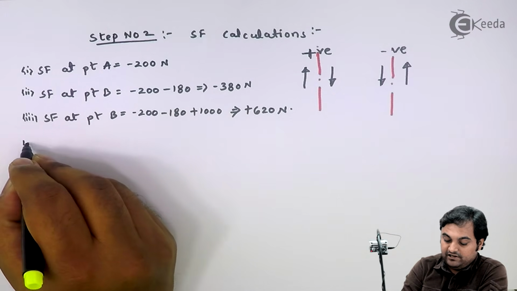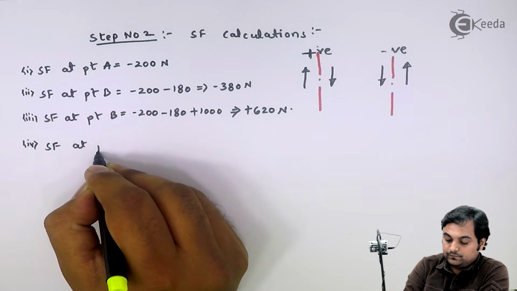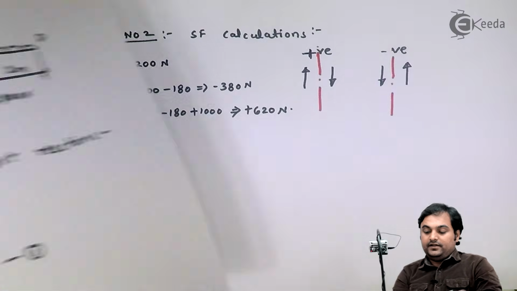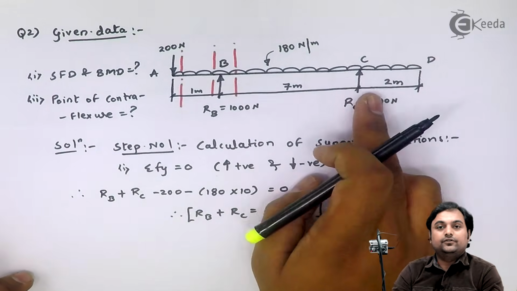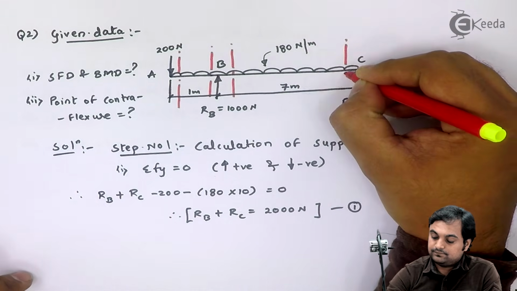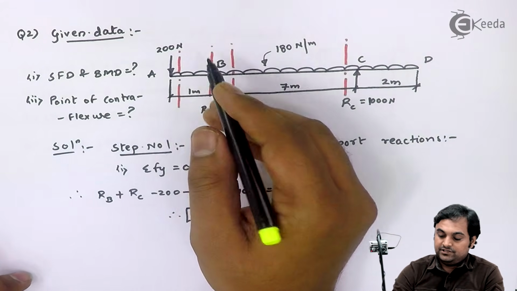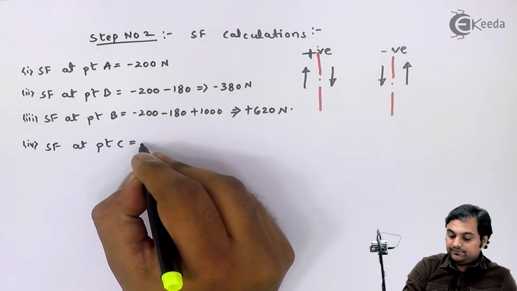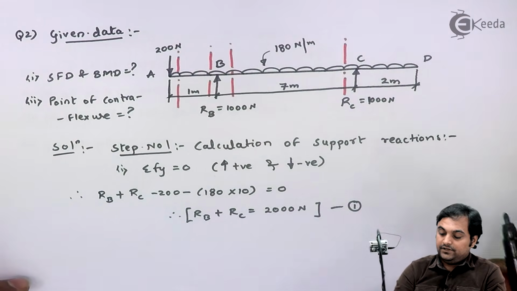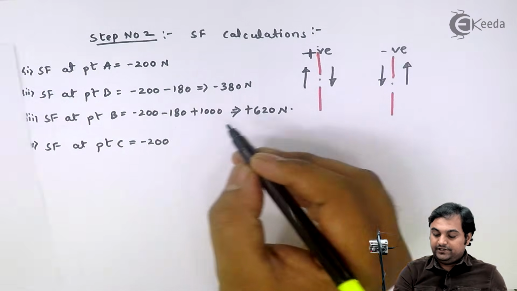Now, I will calculate shear force at point C. And again, at point C, I would be getting two values of shear force. First, I'll take the section to the left. To the left of this, I have some forces. 200 is downward, so negative. Then I have 180 into 1, that would be minus 180.